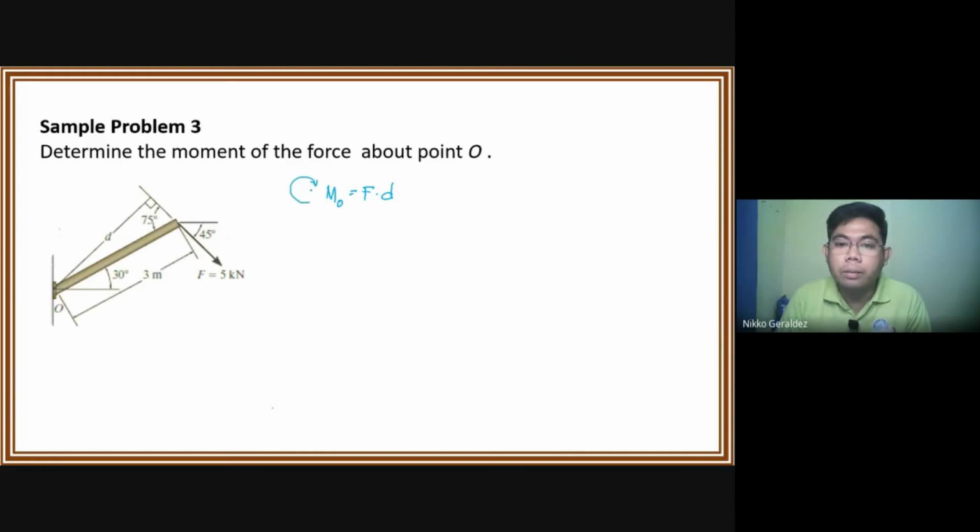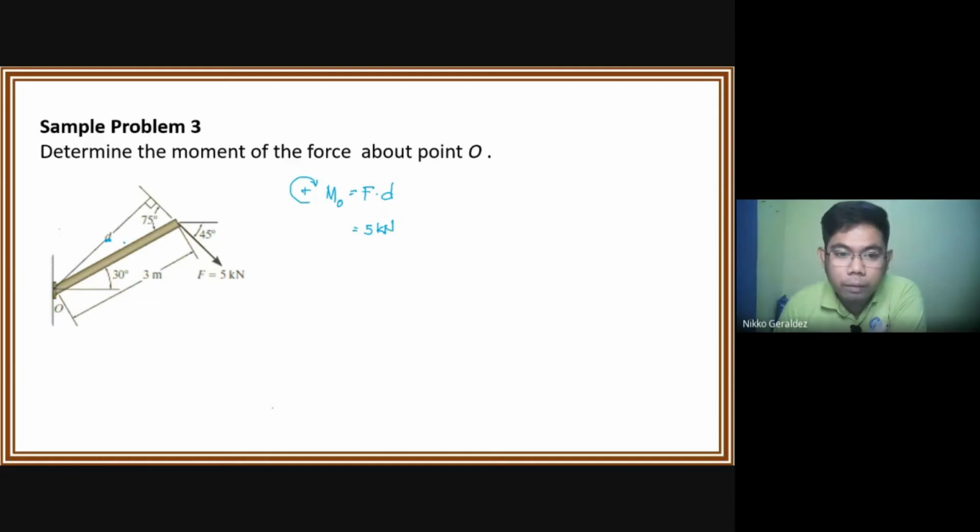Clockwise, positive. Dito, meron na tayong force F, that is 5 kilonewton, times the perpendicular distance. Indicate na yung perpendicular distance, ito yung D. Ano yung value ng perpendicular distance?